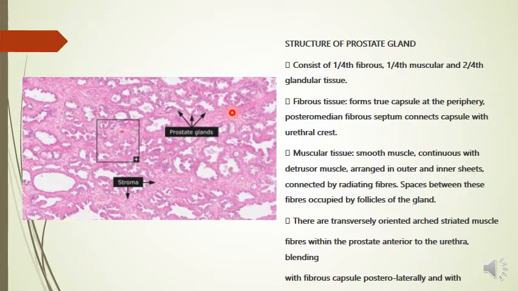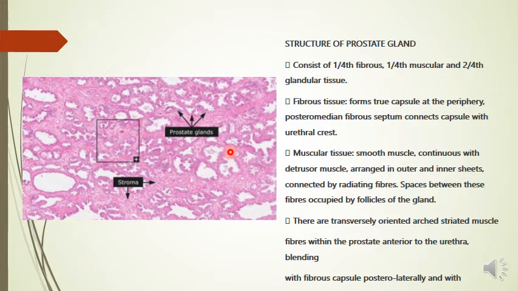So the true capsule is formed by this fibrous tissue, and muscular tissue is smooth muscle continuous with the detrusor muscle, arranged in outer and inner sheets connected by radiating fibers, and the spaces between these fibers are occupied by follicles of the gland. These are the follicles of the gland, and this one is the fibromuscular tissue here, and this one is the glandular tissue, the follicles of the prostate.